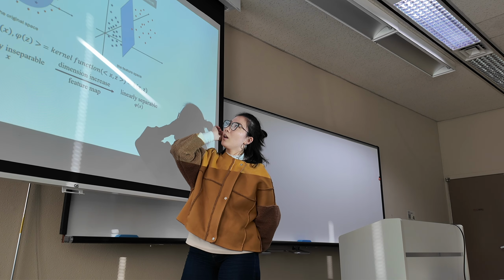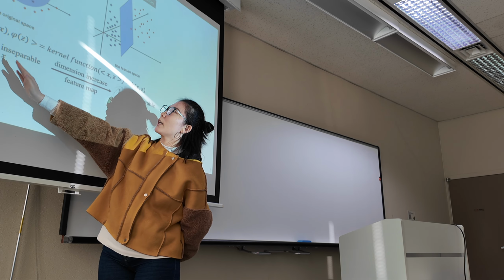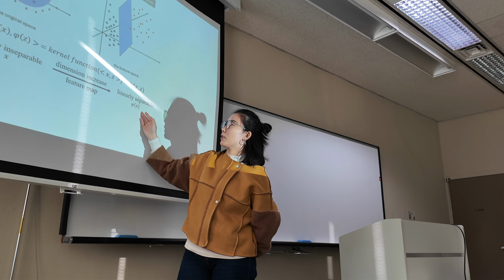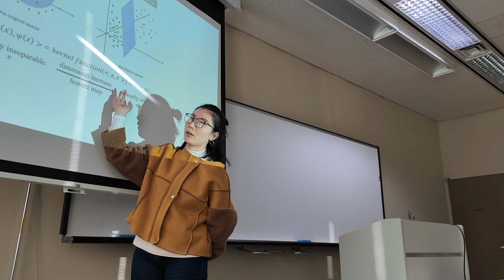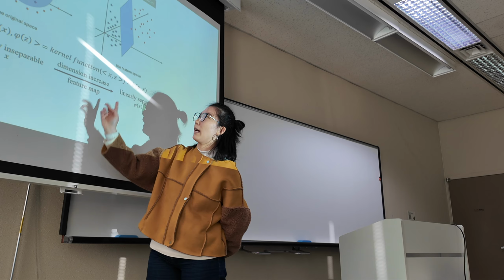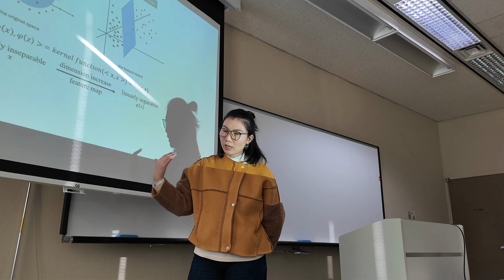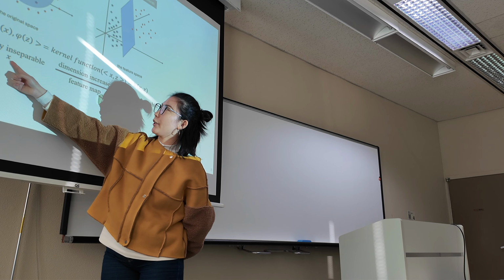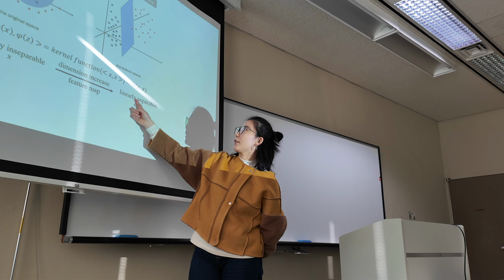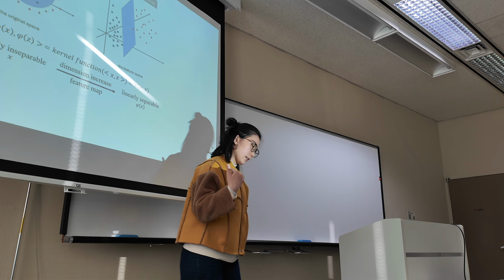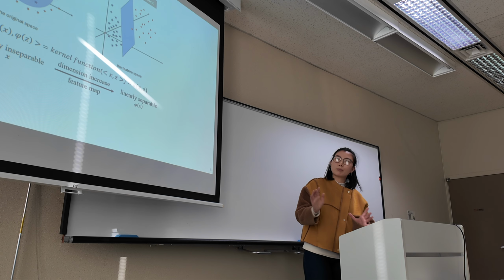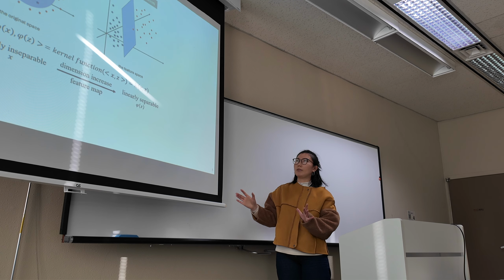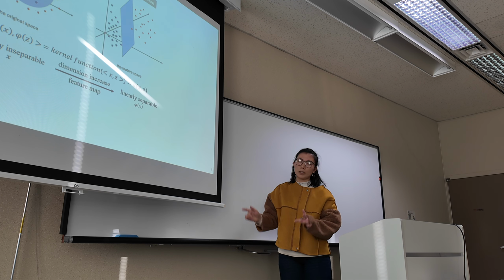From a lower dimensional space to a higher dimensional space, with the dimension increased by the feature map. And the problem is transferred from linearly inseparable into linearly separable. So this is a very brief introduction of how kernel methods work.